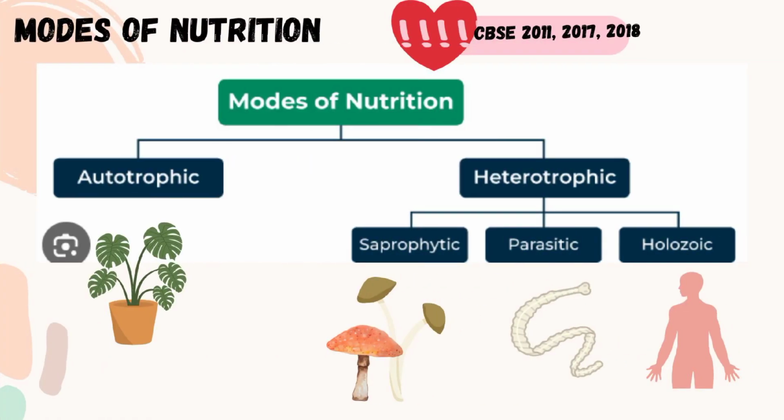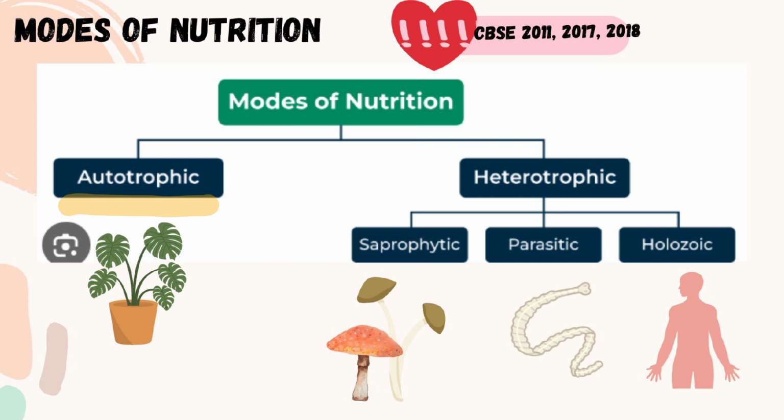Now, there are two main modes of nutrition: autotrophic nutrition and heterotrophic nutrition. Autotrophic nutrition is seen in organisms which can synthesize their own food from raw materials. Examples are plants and some bacteria.